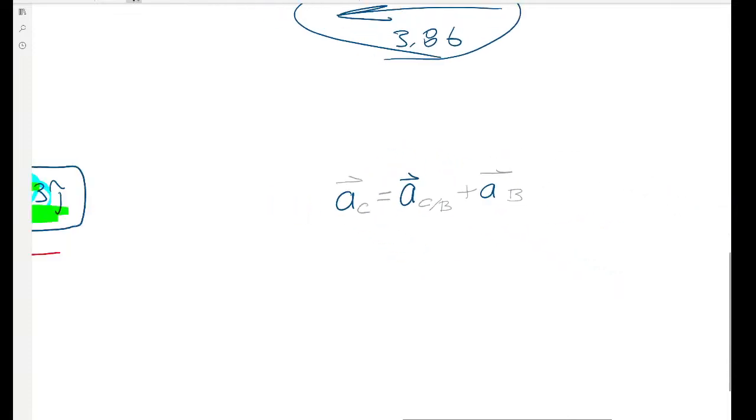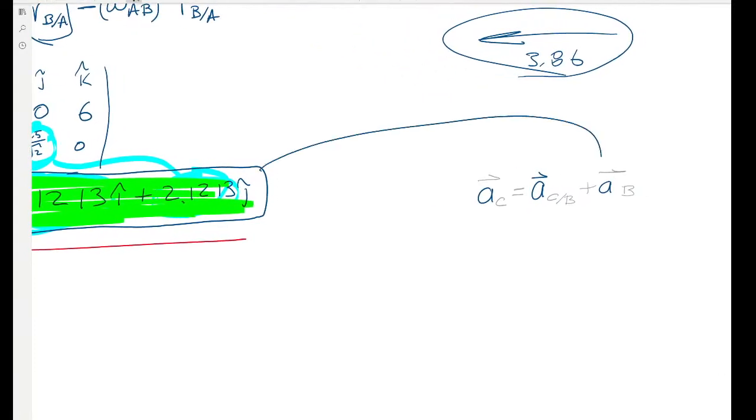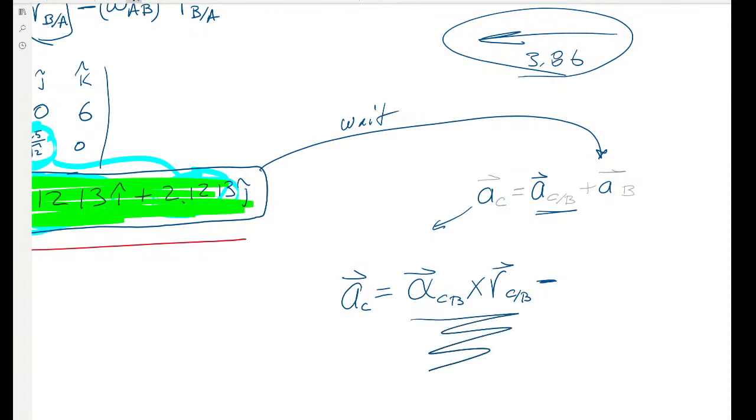Now, I can reach over here, grab this acceleration, and put it right in there, but I'm going to wait on that one and focus on this one. So I'm going to slide things over to the right. Acceleration of C is equal to alpha CB, which I don't know what that is, cross R_CB, which I do know what that is, minus, remember this is the speed up term, and this is the centrifugal term, CB, BC.